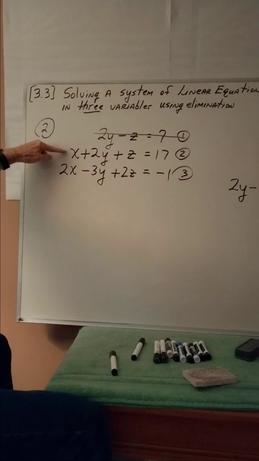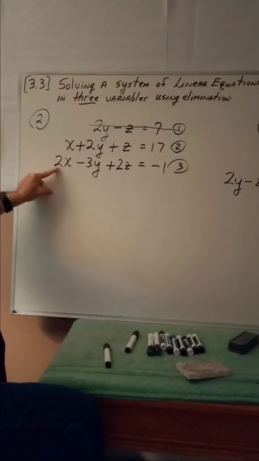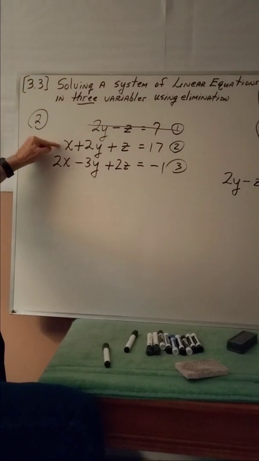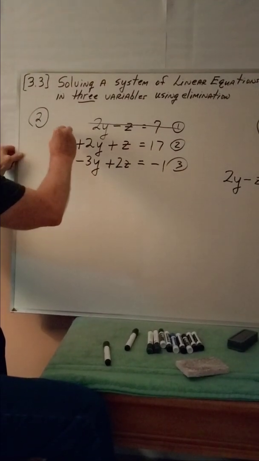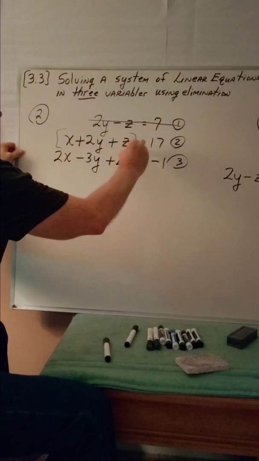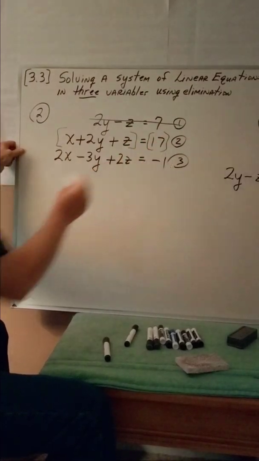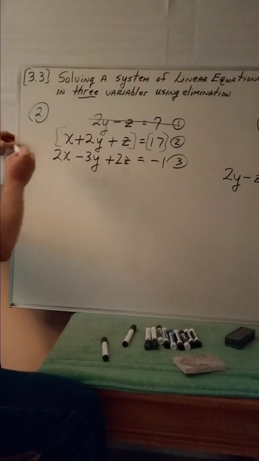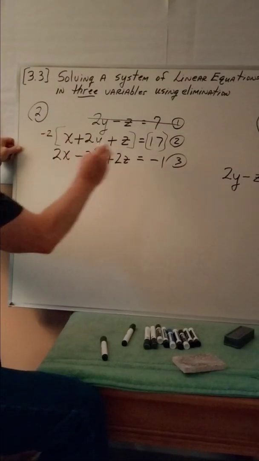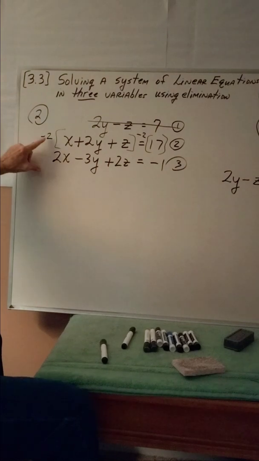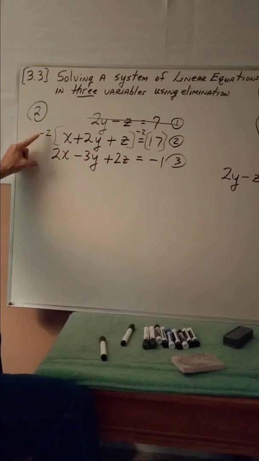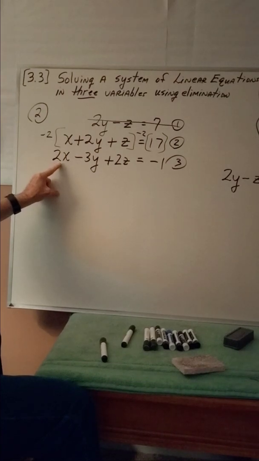This coefficient is 1. This coefficient is 2. 2 is a multiple of 1. We can take both sides of equation number 2 and multiply both sides by a negative 2, because negative 2 times x is negative 2x, and that's the opposite of a positive 2x.